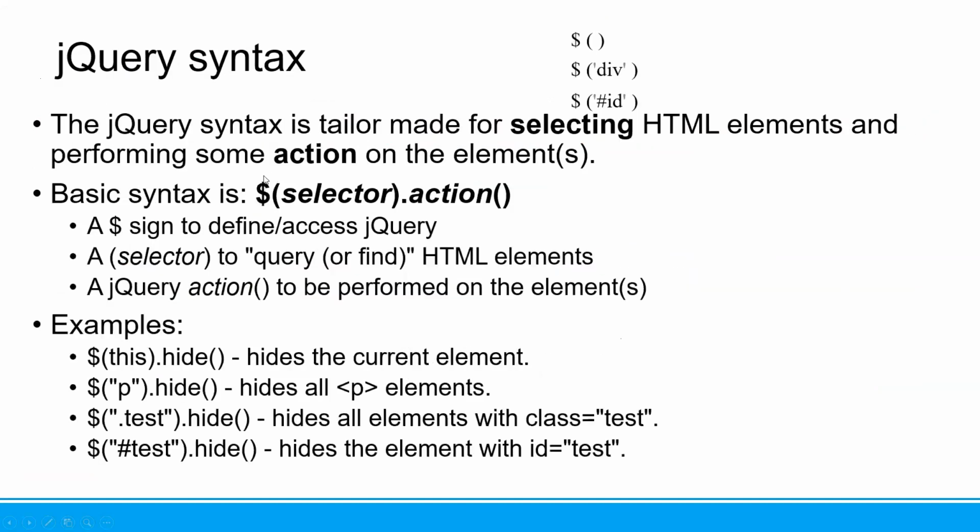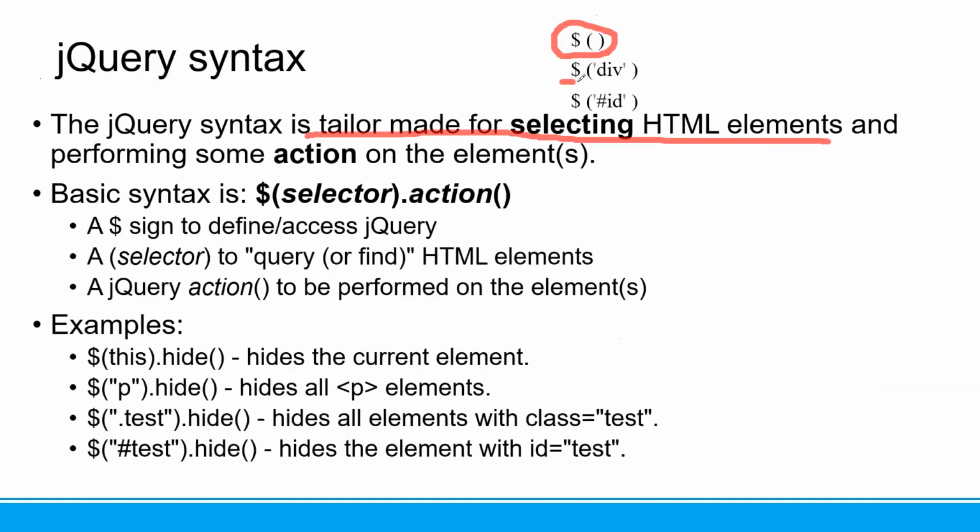So in jQuery, before we code, we need to understand the concept of the code. We use the selector. This is the selector, or we call this the dollar. The dollar sign is a kind of tailor-made for selecting the HTML element.